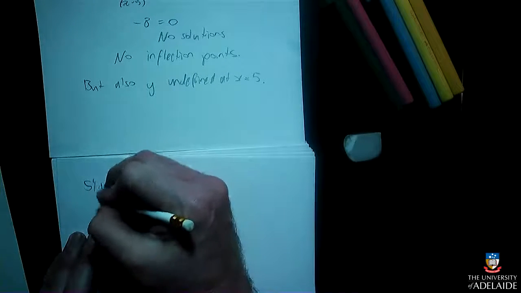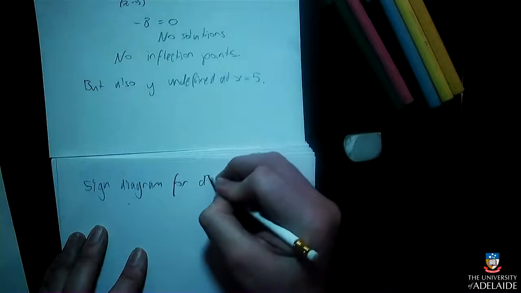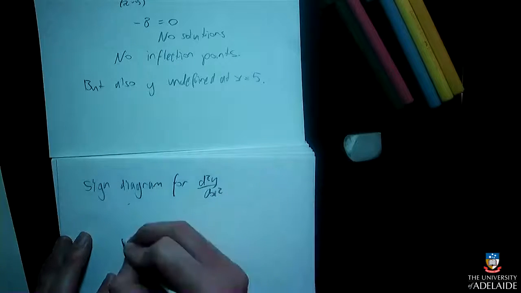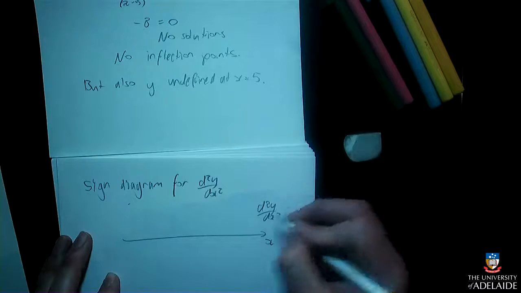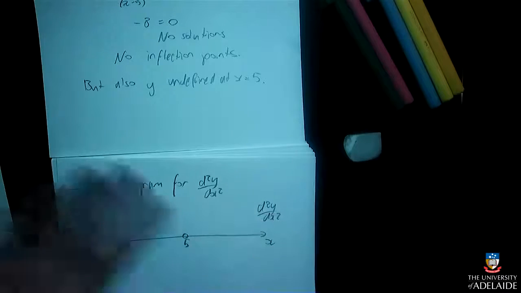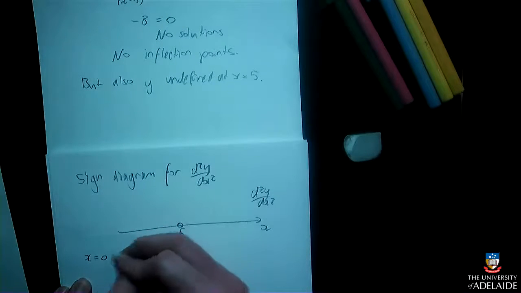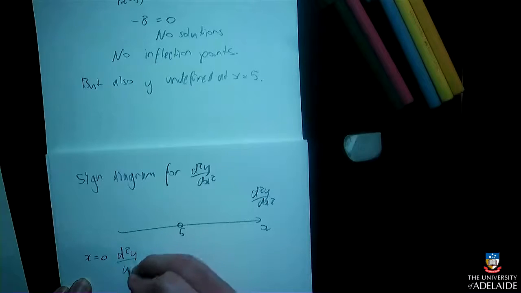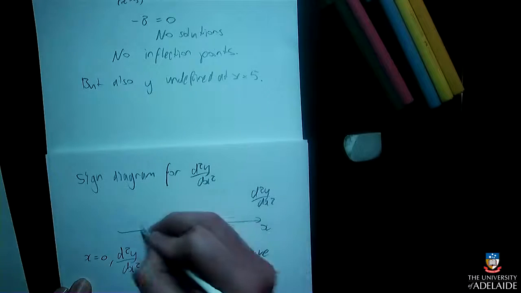So a sign diagram for d squared y on dx squared. This is the x, this is d squared y on dx squared, and there is 5. That's the only point that we're interested in. And so when x is less than 5, let's say 0, then this is minus 8 on 0 minus 5 cubed, which is minus 8 on negative number, which is positive.